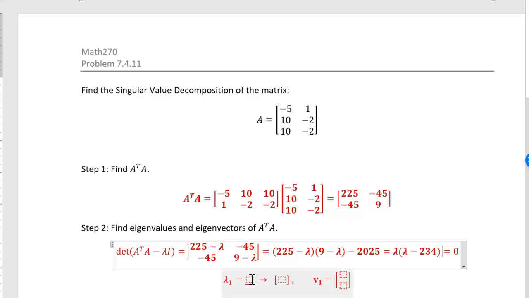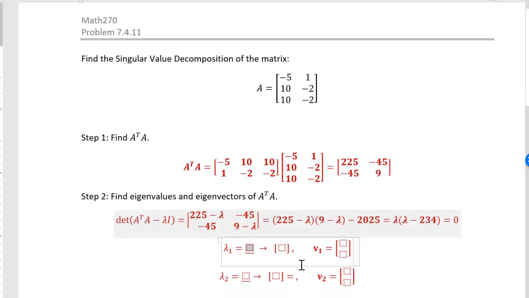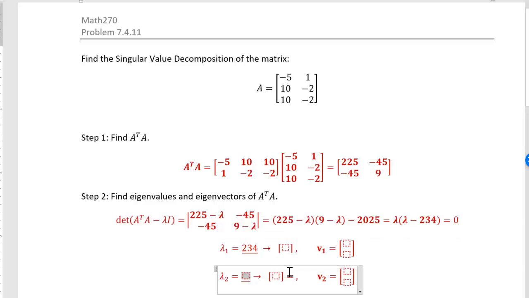And if we set that equal to 0, we're going to have our eigenvalues. So it looks like from the largest number first, we got lambda is equal to 234 and lambda is equal to 0. So we have our eigenvalues.